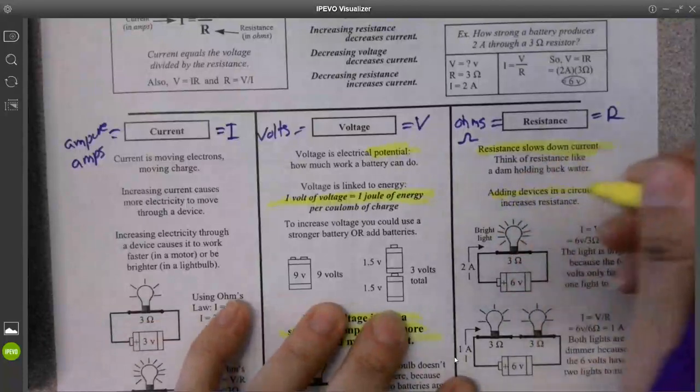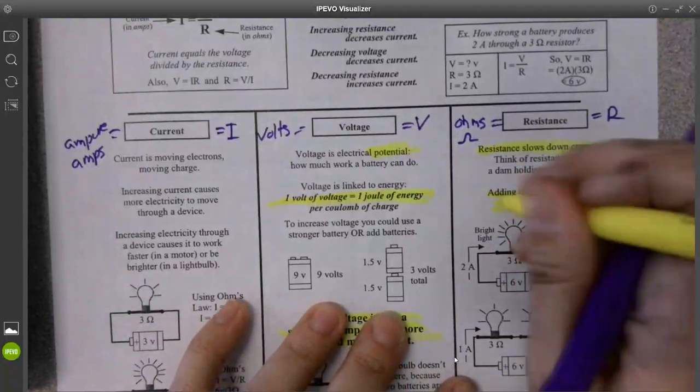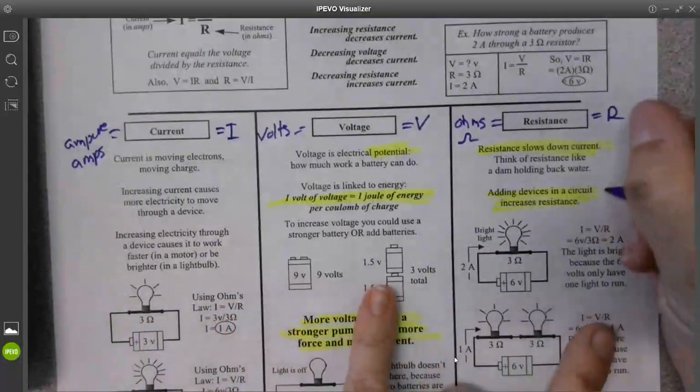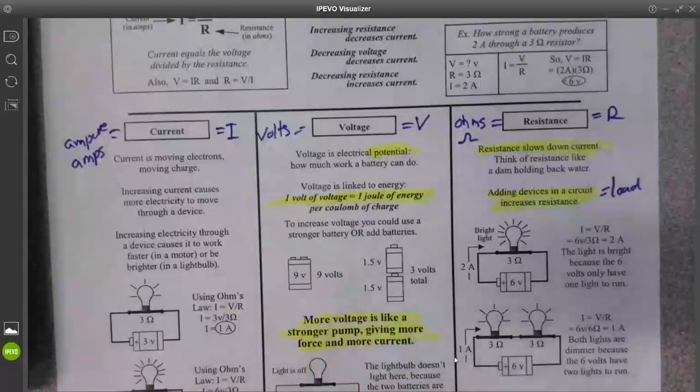If you add a device to a current, it will increase the resistance. And this is also known as a load. Anything that is added onto your circuit that will consume the electricity or consume part of the current is considered a load. So light bulbs or resistors, that is a load.